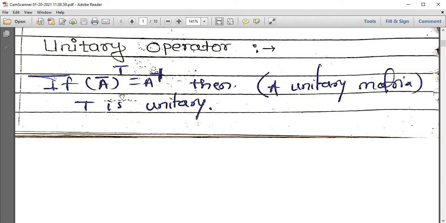If the transpose of the conjugate of A is equal to A inverse, then the matrix A is a unitary matrix and the corresponding linear operator is a unitary operator.